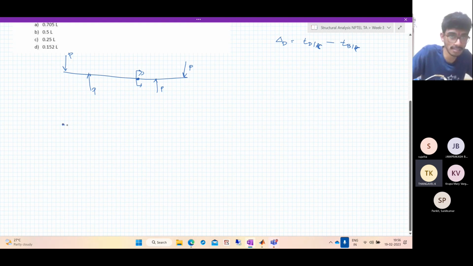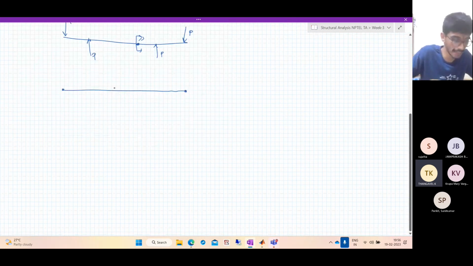What you get in a 4-point bending test, my bending moment will be something like this. So this distance, let us take it as A. The bending moment will be something like this.